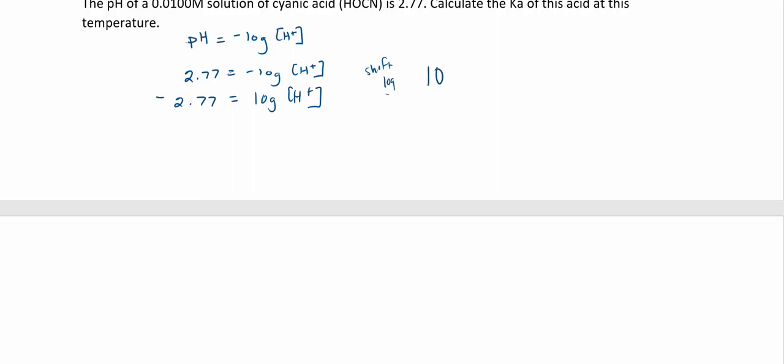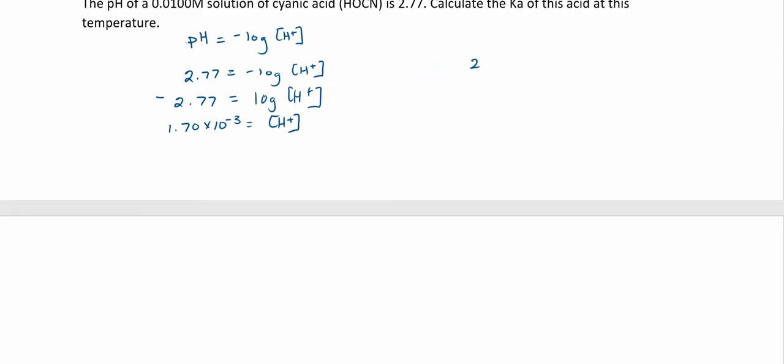It may have like a 10 and a box or 10 to the X, or you could just do it the old-fashioned way and type in 10 and then use your caret negative 2.77. All of those methods should give you the same answer, which should be 1.70 times 10 to the negative third, and that is equal to the concentration of the hydrogen ion.